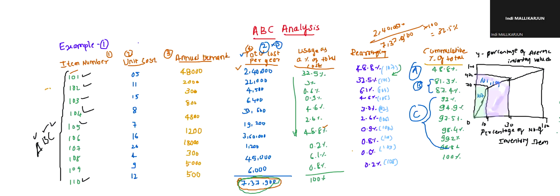At last you have to write the classification, which items belong to which category, right? This completes the ABC analysis numerical problem. Okay, thank you.